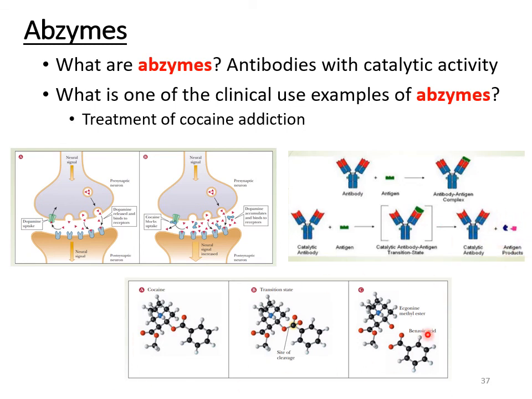So down here you see, in the case of using abzymes for cocaine addiction, the abzymes allow you to take cocaine and cleave it into, sorry, into its two subunit products. And these basically are harmless degradation products that will not block the dopamine reuptake.